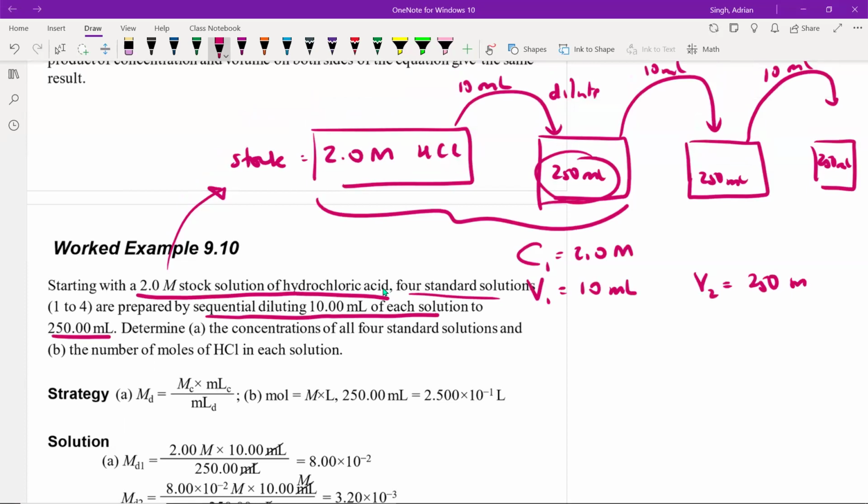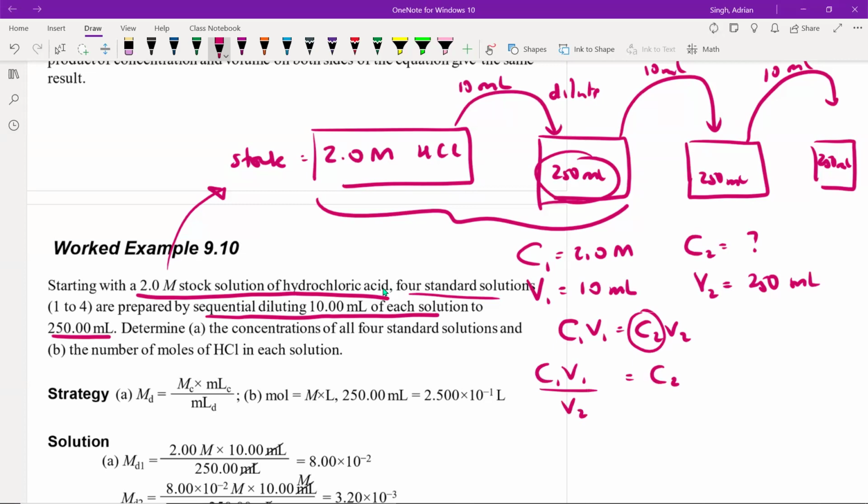And I'm not paying attention to sig figs right now. That's not the point of this, but you wanted to pay attention to that. We need to calculate what the final concentration is, right? So if I need to use my C1 V1 equals C2 V2, I need to solve for V2. I'm sorry, I need to solve for C2 in this. So my C2 there would be equal to C1 V1 over V2.